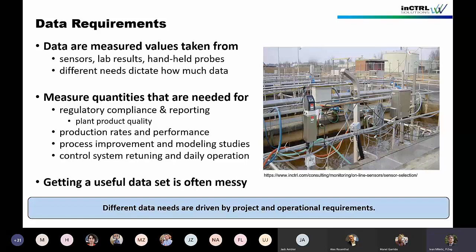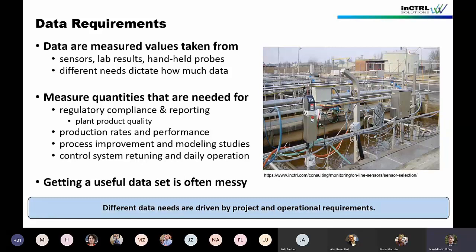Okay. All right. So where do you begin with this kind of a talk? So you might think of data requirements. If we're going to talk about data, we have to know what data are needed for a particular piece of work or for a scope that needs to be delivered as part of a project. And when we're discussing these methods, we realize that data requirements are going to be generally speaking project specific, or specific to operational needs and requirements of a plant.